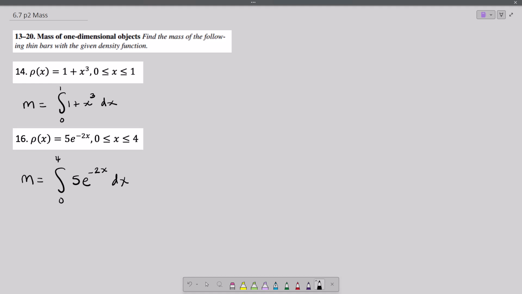This is not the case that we're going to spend much time on, but this is how you would do this. They don't give us units here, but these would be units of mass, if they gave us units.